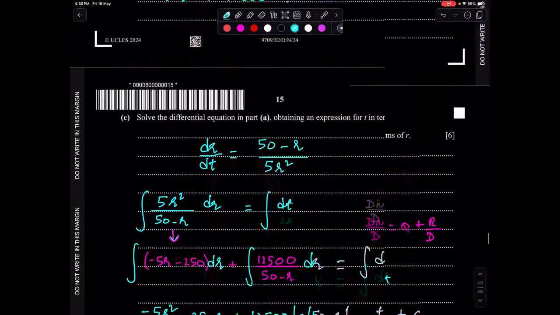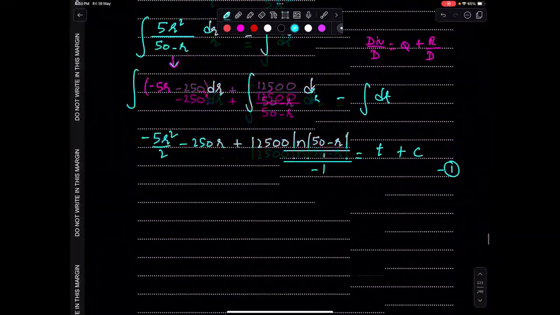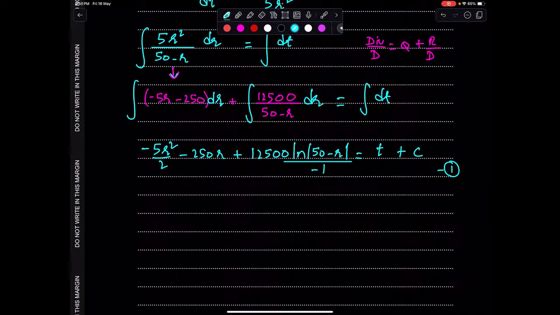Now substitute the given information, T0 and R0. So we will get 0, 0, minus 12500 ln 50, C. So C is this minus 12500 ln 50.